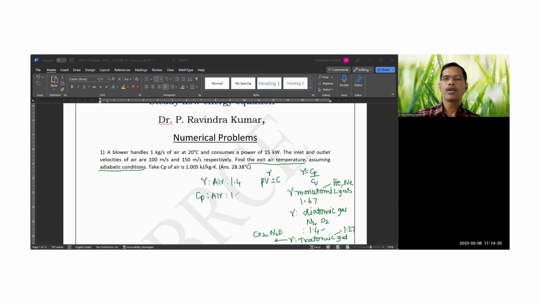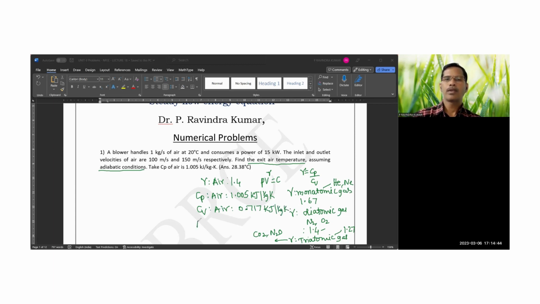Some things you have to remember: Cp for air is to be considered 1.005 kilojoule per kg Kelvin. Next, the Cv value for air is 0.717 kilojoule per kg Kelvin.